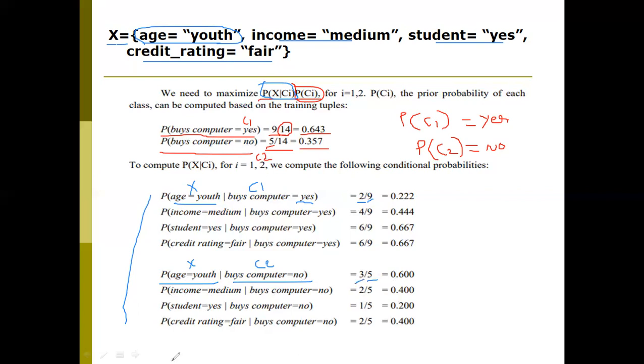Those are 3. So 3 by 5 is 0.600, and 2 by 9 is 0.222.